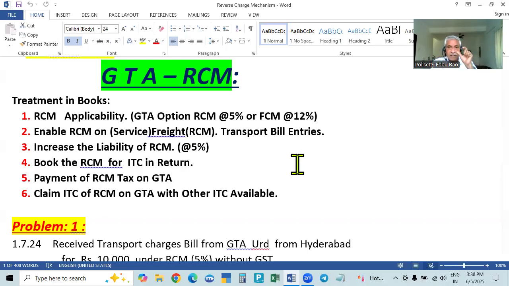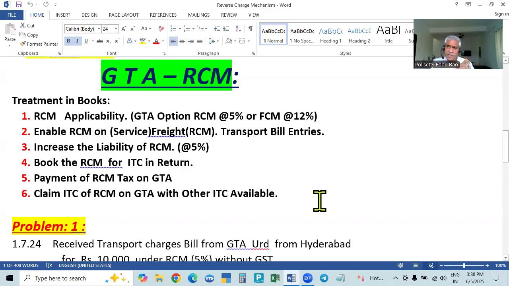So for the transport charges for which RCM is applicable, we name it as freight charges (RCM). Under RCM, you can write freight charges under RCM, or freight charges within brackets RCM. This is for RCM purchase, RCM entries. For forward charge mechanism entries, for the GTA forward charge, we enter another one.